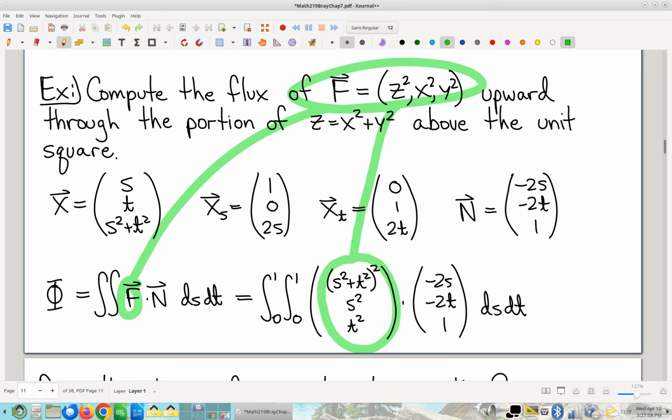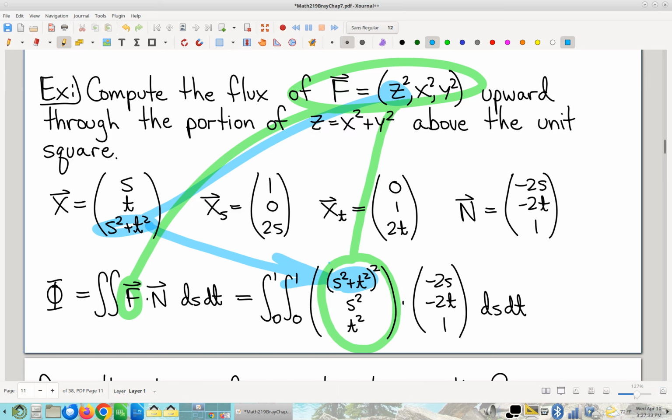Well, you've got to keep in mind we're pulling back through the parameterization, and this z right there, in the formula we're given for our vector field, that z from the parameterization is s squared plus t squared. And so that is what goes in place of z. That makes sense to everybody?